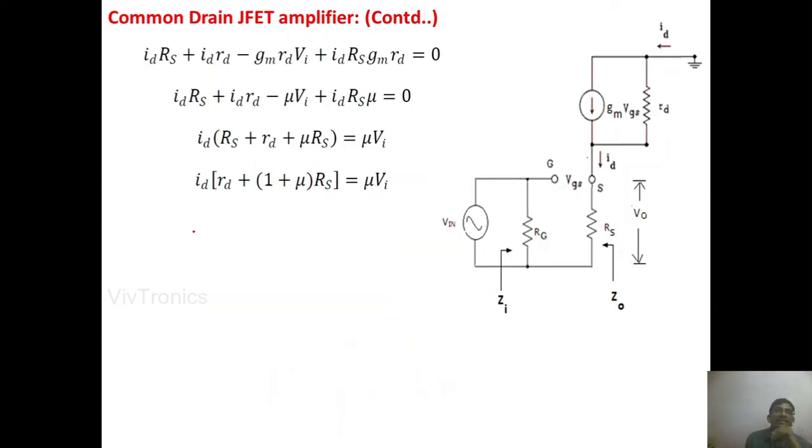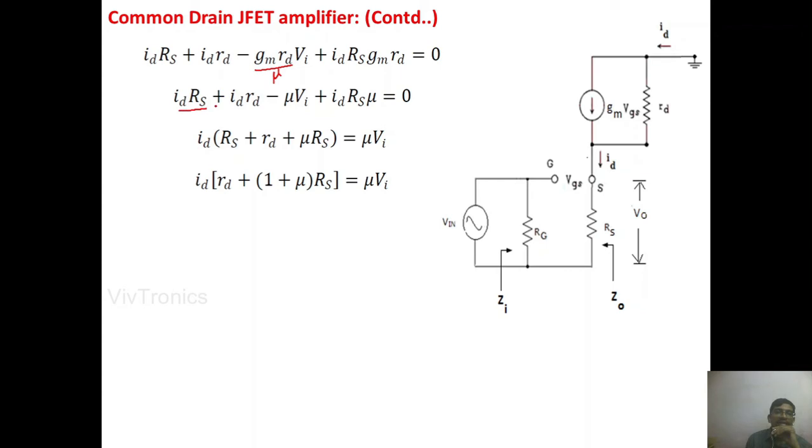Then IDRS plus IDRD minus gm RD VI, just multiplying each term, minus gm RD VI plus ID RS gm RD is equal to 0. We already know from the last class that gm RD is nothing but mu.